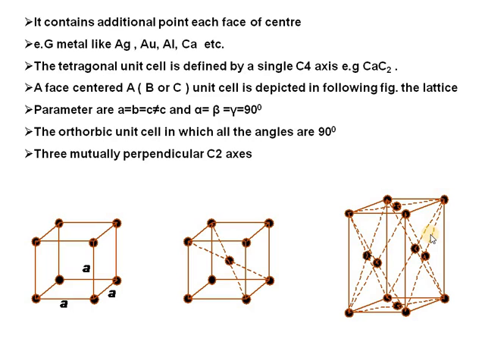And face centered cubic means that all the faces have one lattice point. This is one of the faces, so it has one lattice point here. The second face, these points are there.